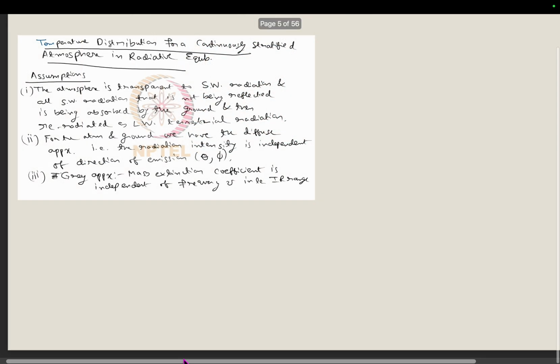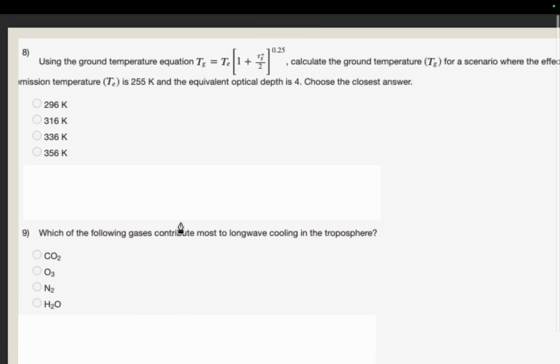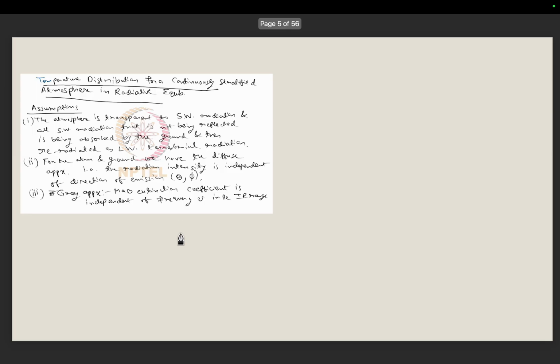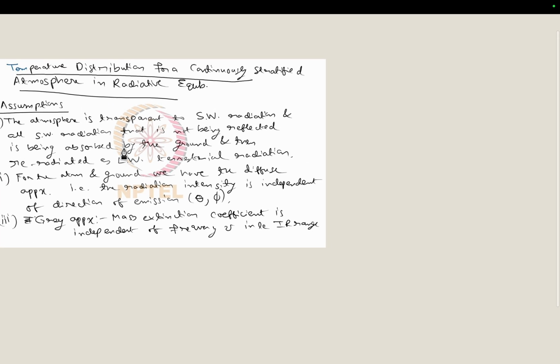Another thing, the radiative equilibrium model for the atmosphere has been discussed in our lecture.